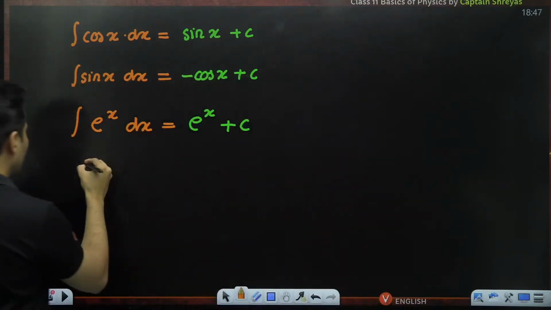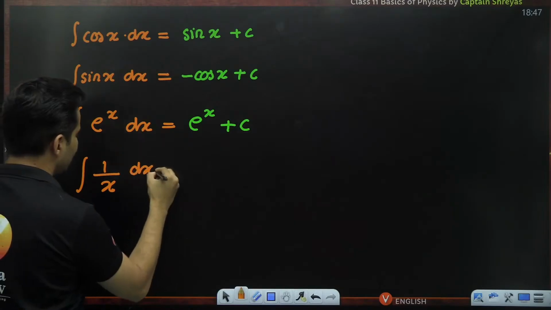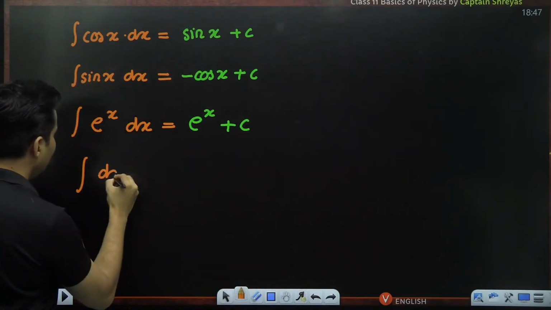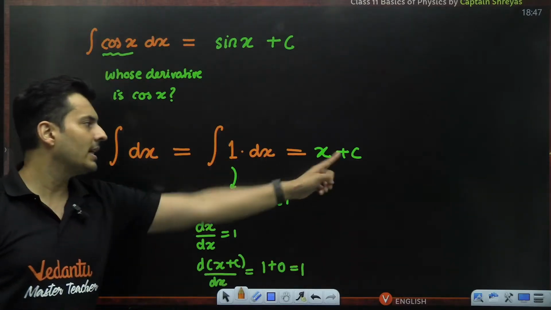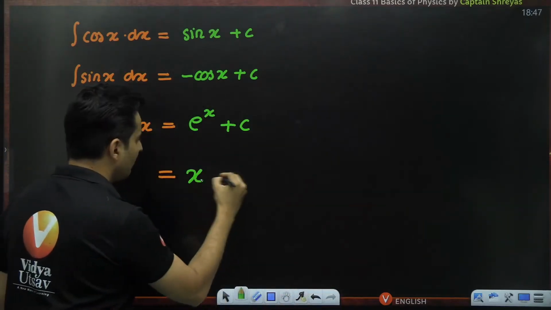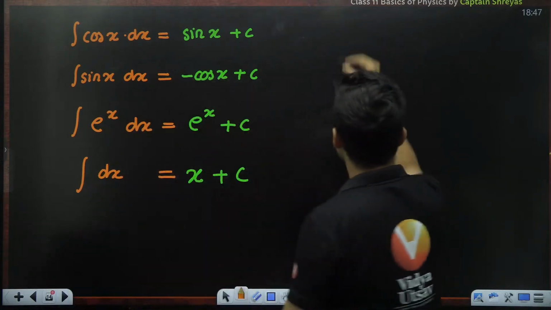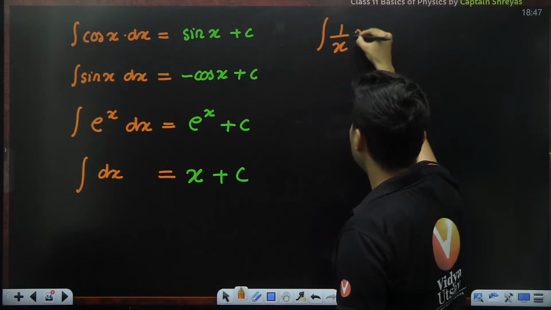Then, what is the integration of 1 by x dx? Let's first start with just dx for now. I gave you the answer right over here. The integration of dx is simply x plus c.